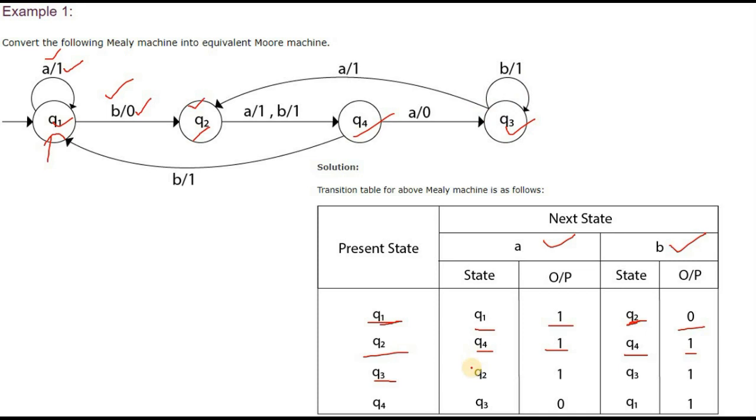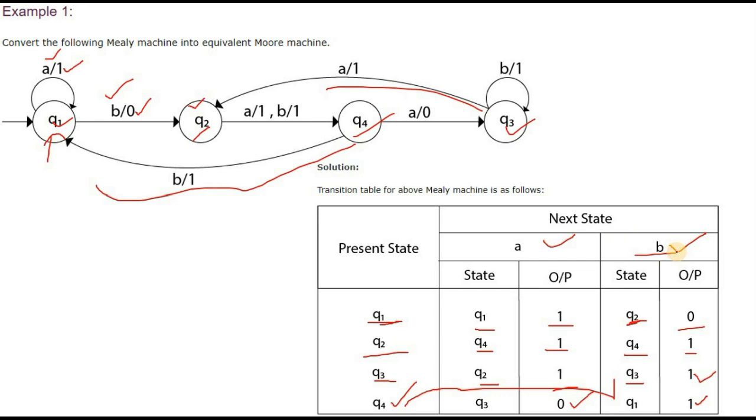Now think about Q4. Q4 goes to Q3 with output 0, and the same Q4 goes to Q1 with output 1, but the input is B. This is how you need to construct the state table from the state diagram.